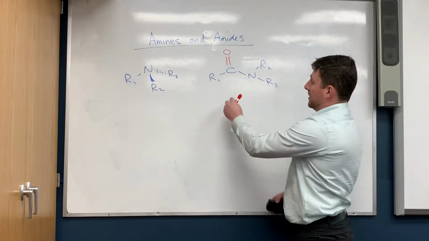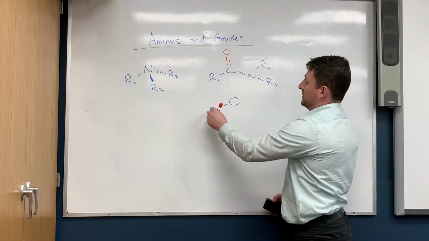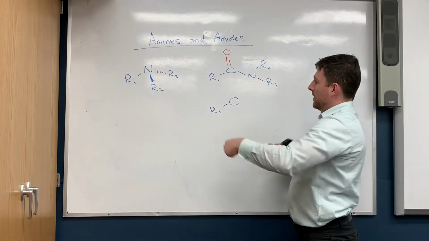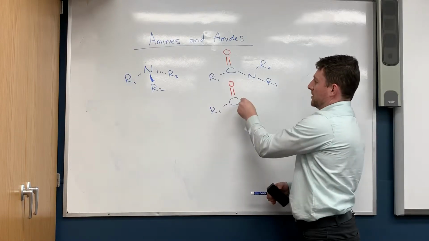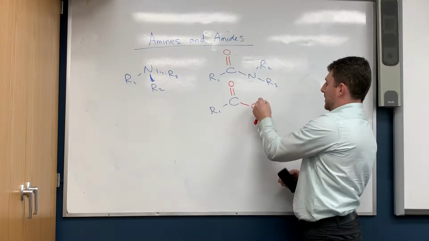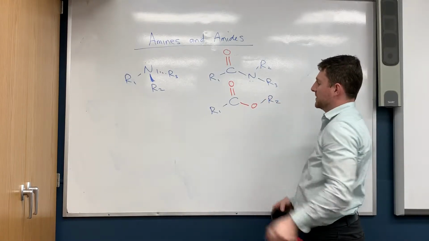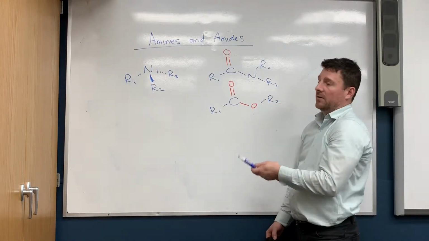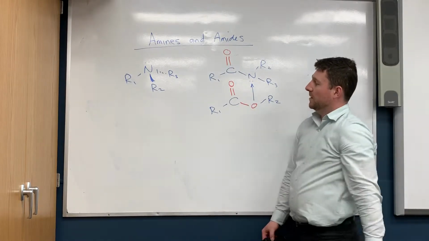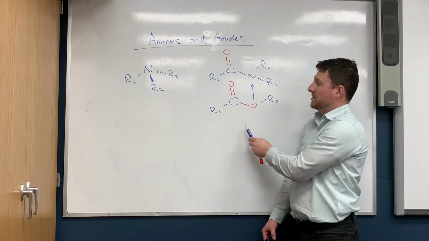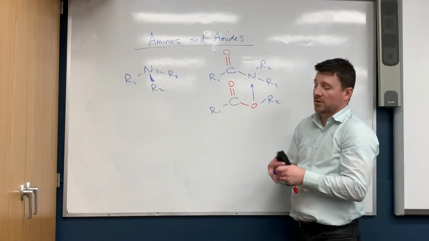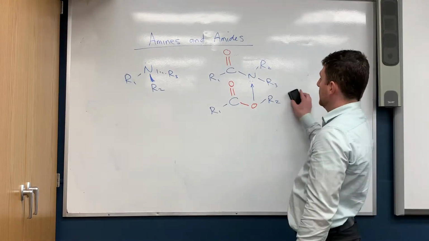And I like to think of amides being similar to esters in that when we have an ester, we also have a double bonded oxygen, but then we have a single bonded oxygen and then another carbon chain on this side. What we've done in order to change an ester to an amide is we replace the oxygen here in the ester with the nitrogen here in the amide. Otherwise, the structure is pretty similar.